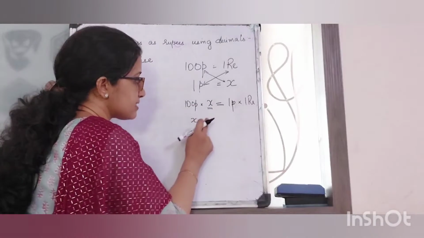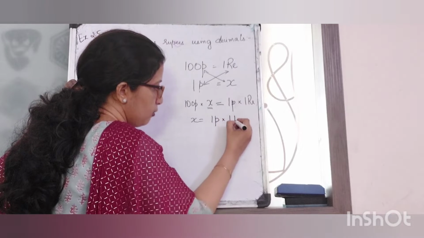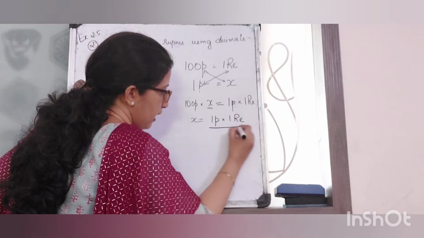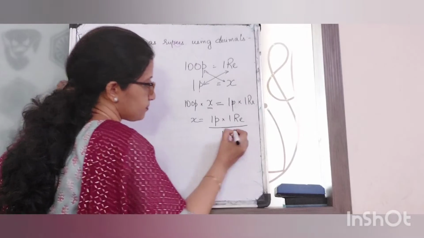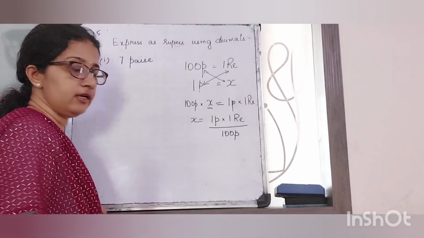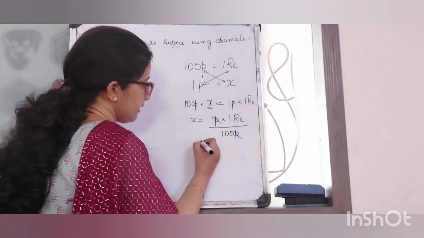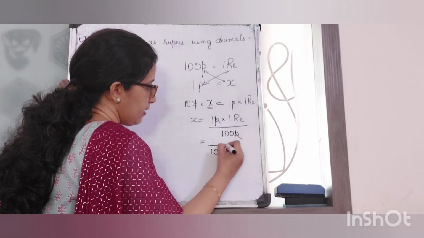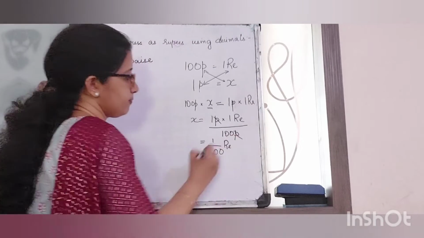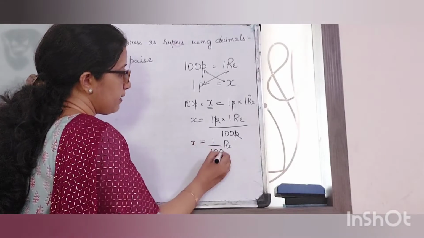So x is equal to 1 paise into 1 rupee divided by 100 paise. The paise and paise cancel, and x is equal to 1 by 100 rupee.